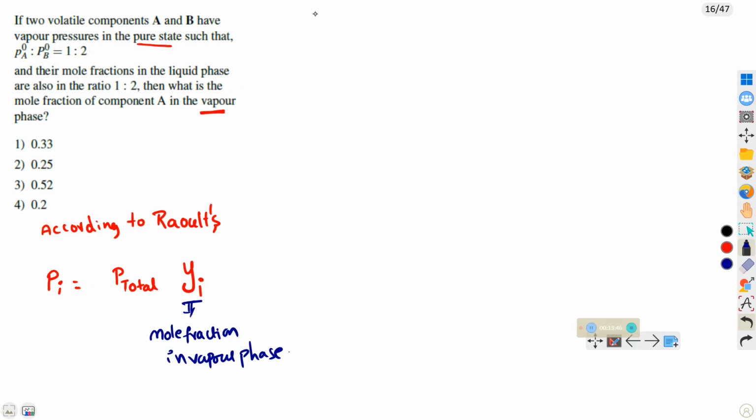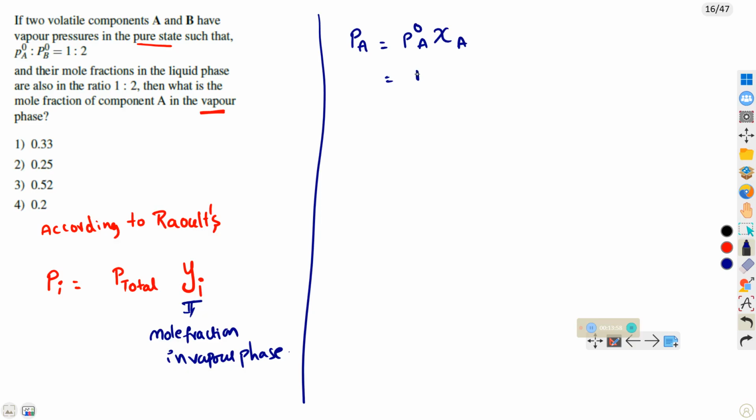Now calculate. According to Raoult's law, PA is equal to P0A XA. P0A value is given as 1. XA value is also given as 1. 1 into 1 is equal to 1. PA value is 1.